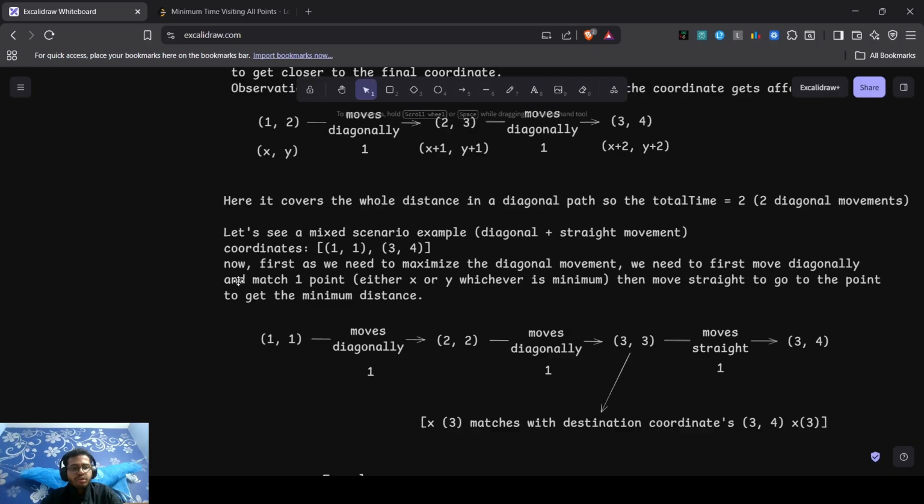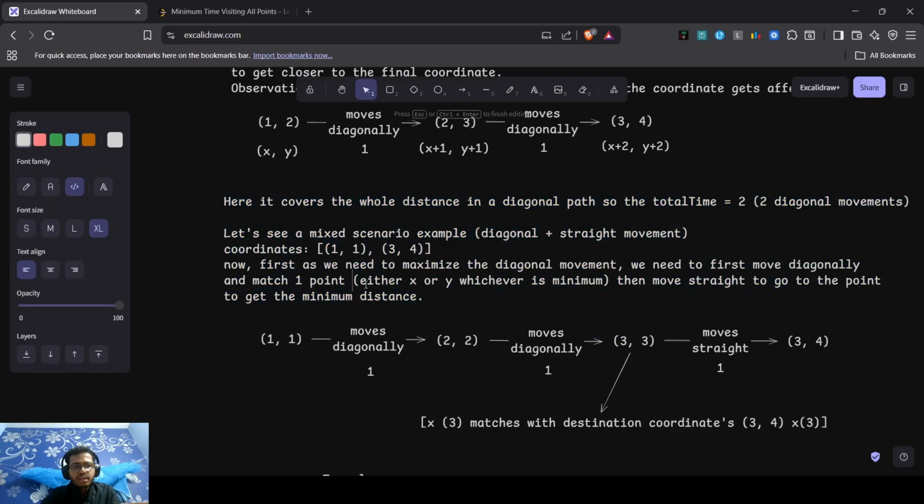Now first, as we need to maximize the diagonal movement, we need to first move diagonally and match one point, either x or y, whichever is minimum. Keep it in mind, we will see that in the example.